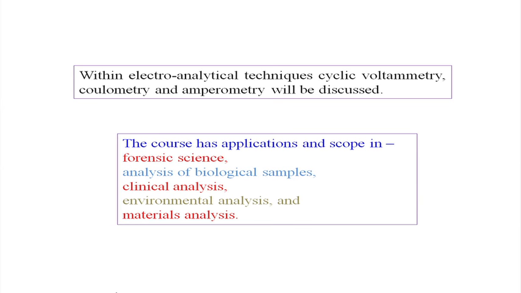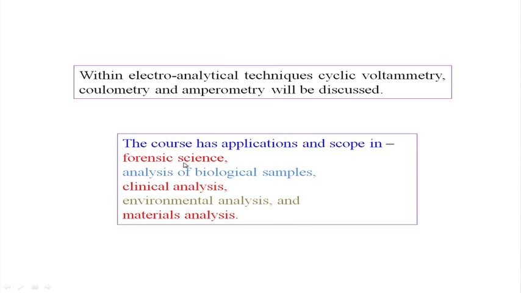Similarly, in forensic science, we may want to determine a very small amount with forensic relevance, such as arsenic. Suppose a person is poisoned with arsenic: how do we find from a sample of hair or skin the amount of arsenic present in the body? It can come through groundwater, by consuming the water. Similarly, other biological samples such as blood can also be analyzed.